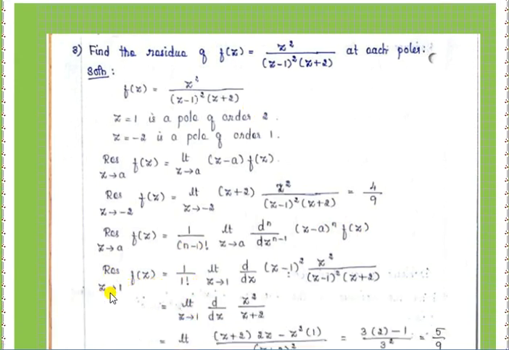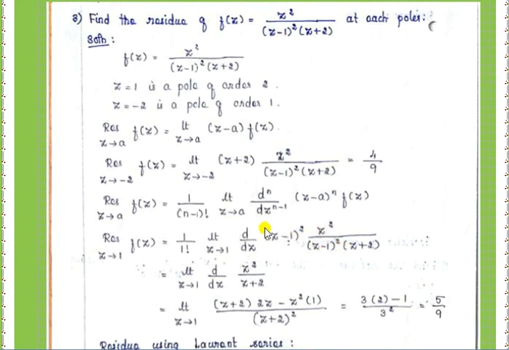Residue at z tends to 1 of f of z, because here a is equal to 1, right? So residue at z tends to 1 of f of z equal to 1 by 2 minus 1 factorial, limit z tends to 1, d power 2 minus 1 by dz power 2 minus 1, of z minus 1 power n, n is 2, into f of z, the given function.